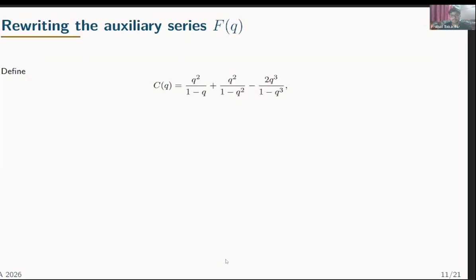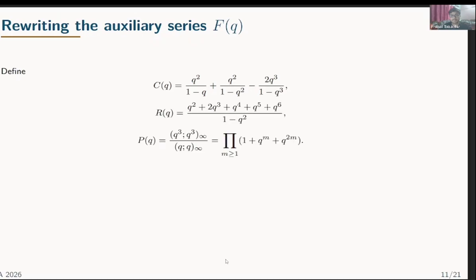Now with the lemmas ready, the next step is to rewrite f(q) into a form where they can be applied. The quantities C, R, P collect pieces from the explicit generating functions. Here P is important because it has non-negative coefficients and can be compared with the distinct parts product.